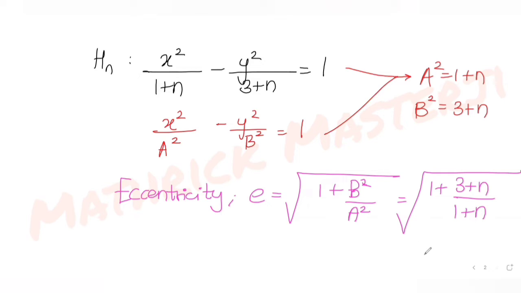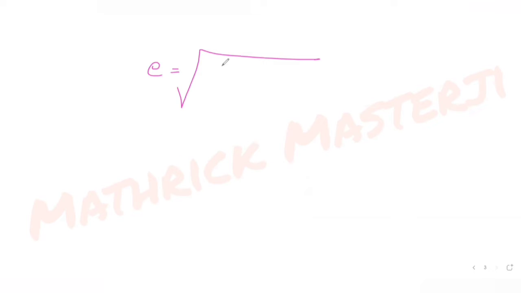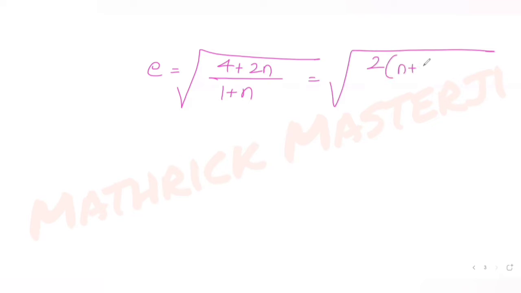Taking it together, I have (1 plus n plus 3 plus n) divided by 1 plus n. So my eccentricity is the square root of (4 plus 2n) divided by (1 plus n), which is 2 common, (n plus 2) divided by (n plus 1). So I have my eccentricity in terms of n.